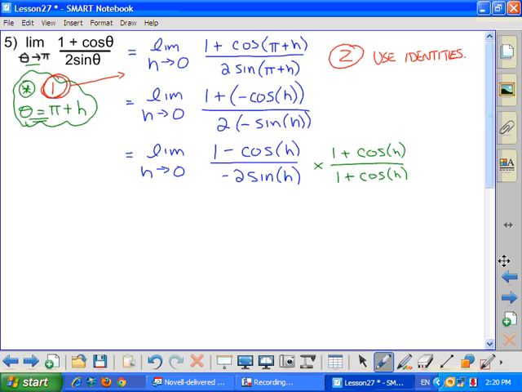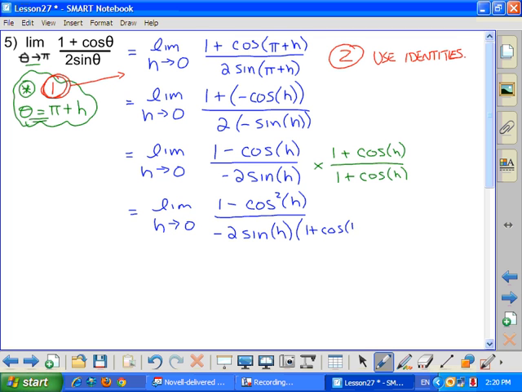So our numerator is a difference of squares. So the first one squared is 1, and it'll be minus cos squared h. And on the bottom, we have negative 2 sine h multiplied by this mess, 1 plus cos of h.